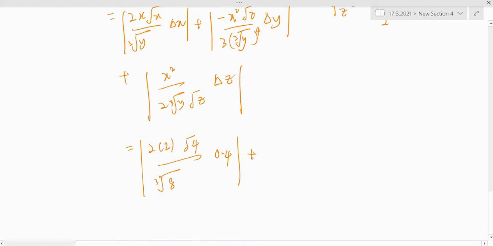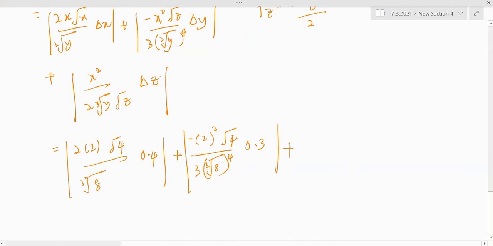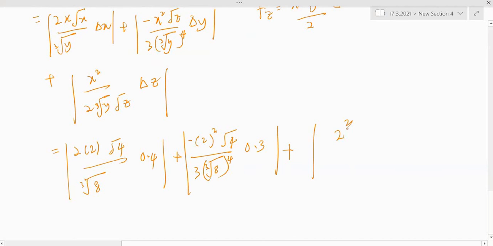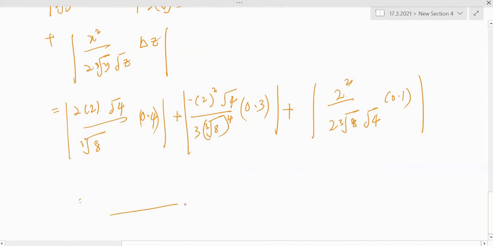Okay. Plus negative 2 squared square root 4 over 3 cube root 8 to power of 4 times with 0.3 plus 2 squared over 2 times cube root 8 square root 4 0.1. Okay, so you will get the answer.